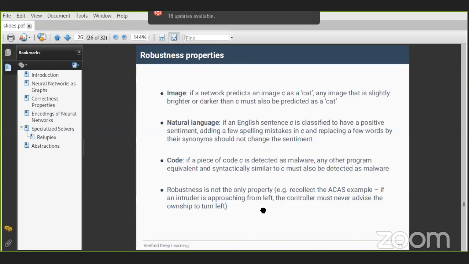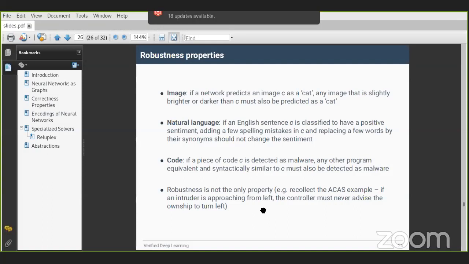Okay. For a code, suppose a piece of code is detected as malware. So you know that this is being detected as malware by a neural network. And what happens to something which is equivalent to that code and also syntactically similar?